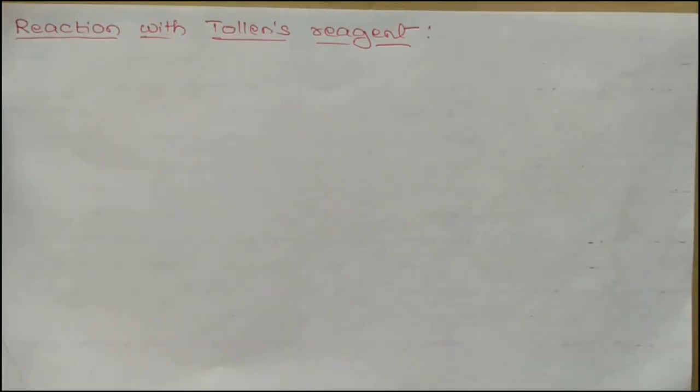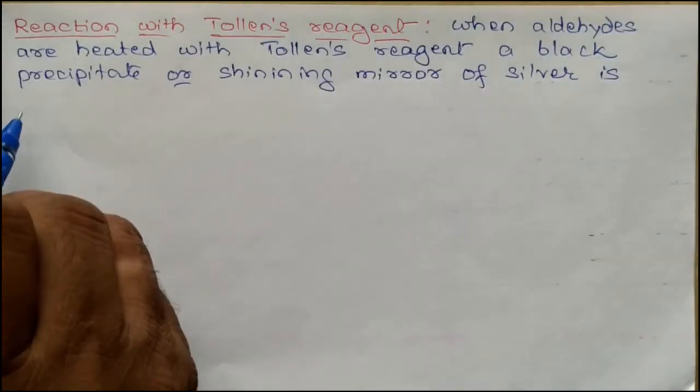Next is the reaction with Tollens reagent. When aldehydes are heated with Tollens reagent, a black precipitate or a shining silver mirror is formed.